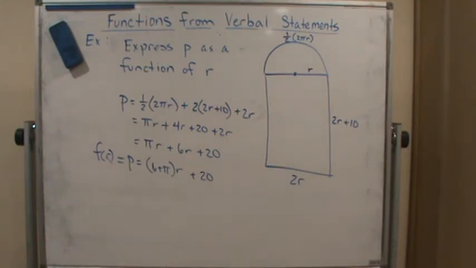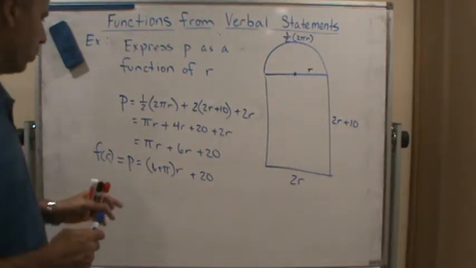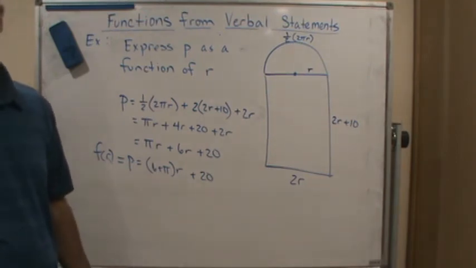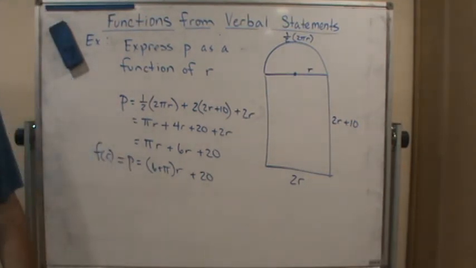Now, here's the domain. Obviously the radius cannot be 0, right? Because if it was 0, we wouldn't have a window. So the radius can't be 0.